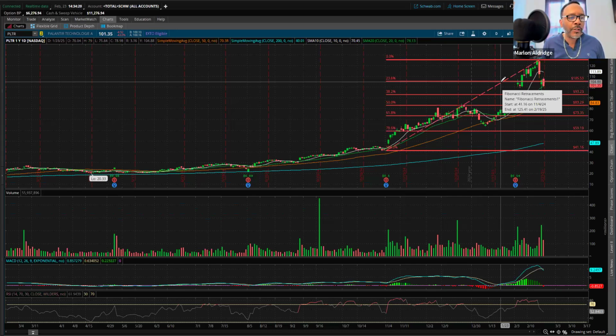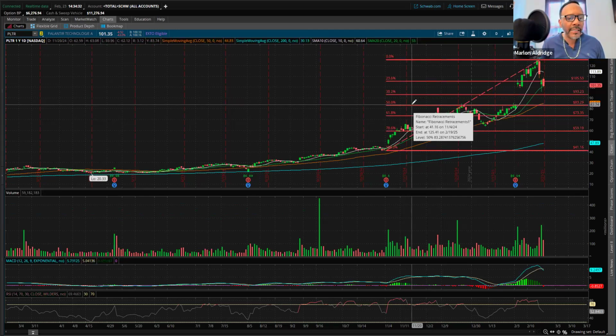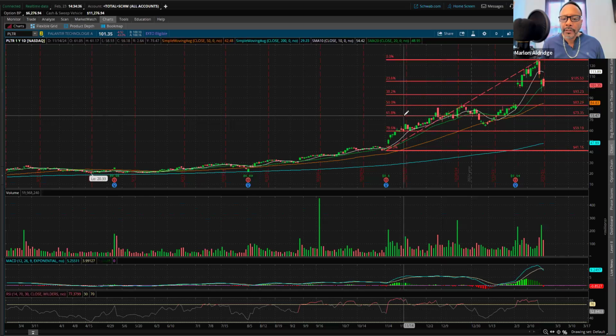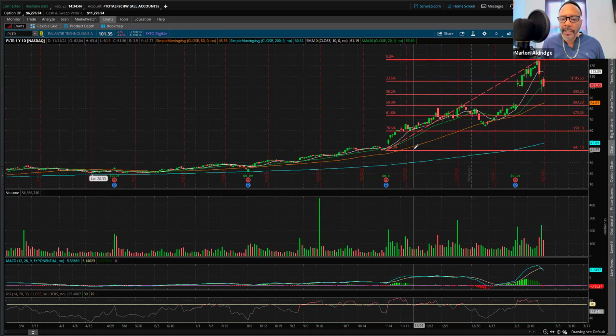That is one of the Fibonacci ratios, not the sequence. The 38.2, the 50 is not in the sequence, but we use that anyway. The 61.8 is in that ratio sequence, the 78.6, and then at the low point, 100 percent.